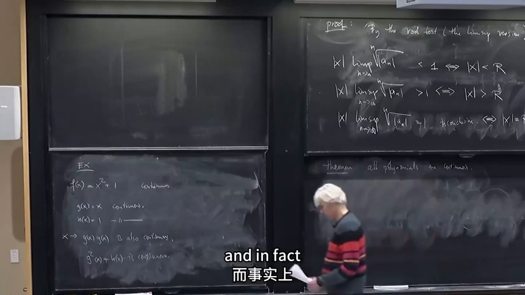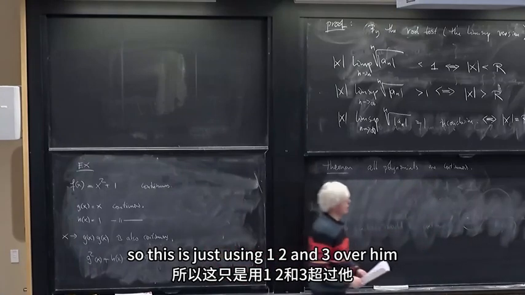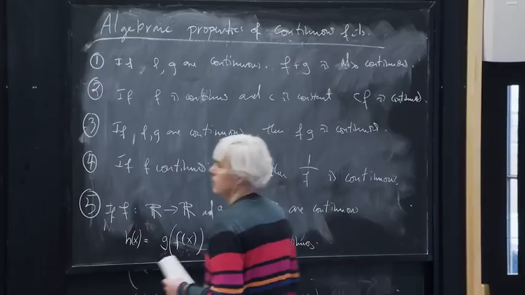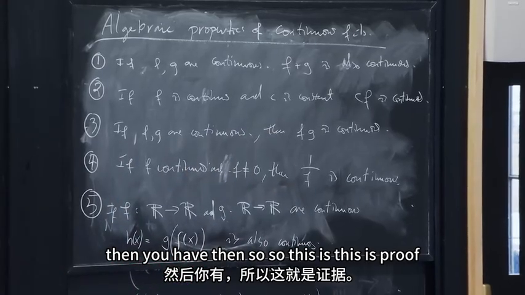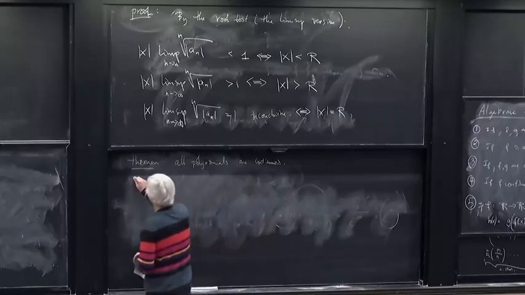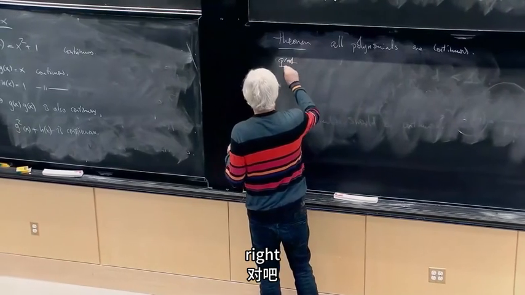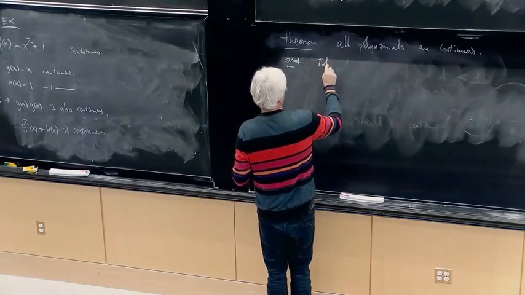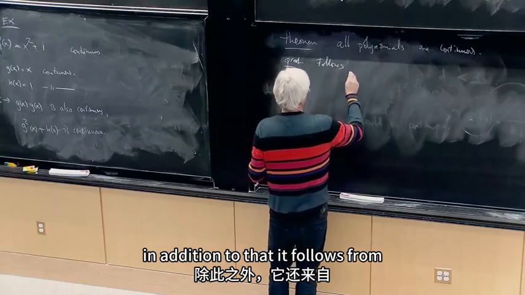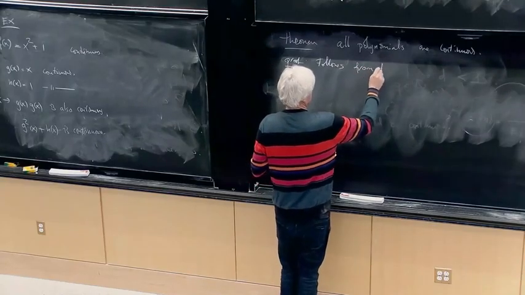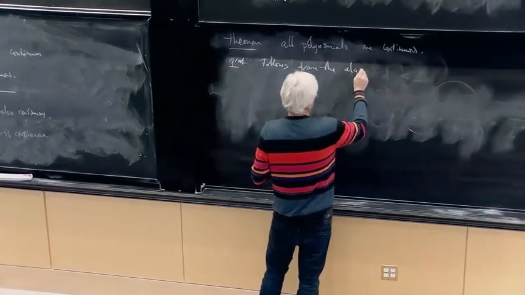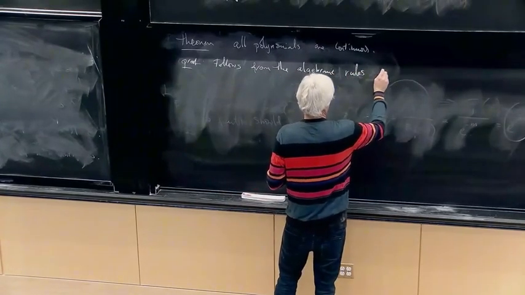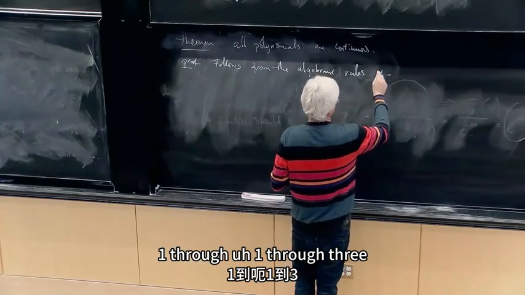And in fact, this is just using 1, 2, and 3 over here. The proof uses the two examples that we gave, and in addition to that, it follows from the algebraic rules 1 through 3.